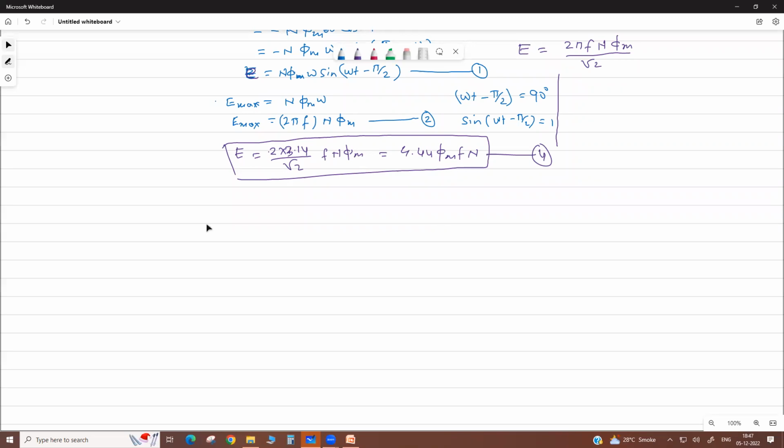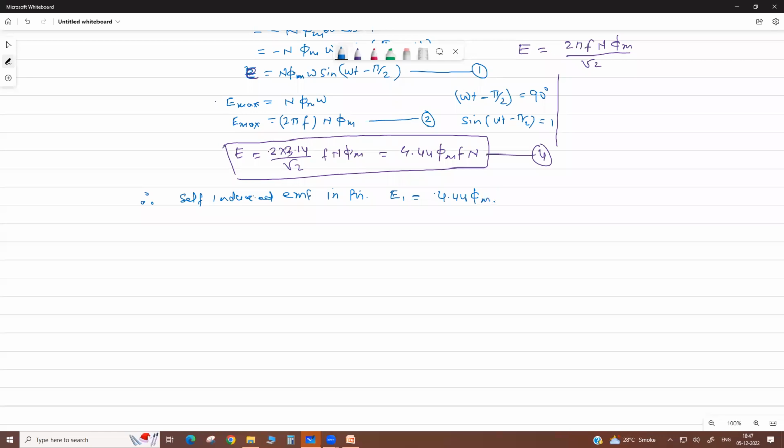Therefore, the induced EMF in the primary is E1 equals 4.44 phi m f n1, this is equation 5.